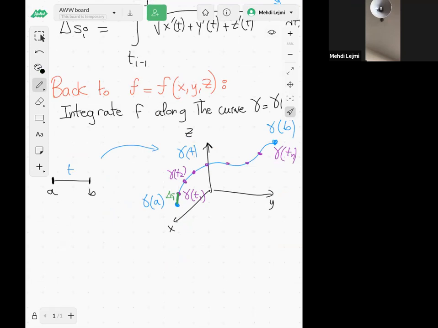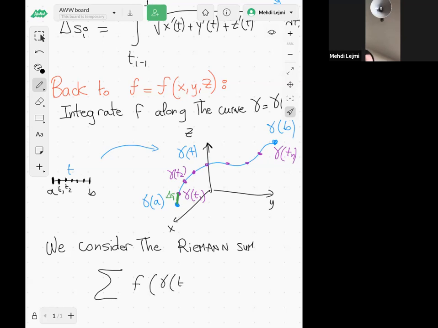So now we consider the Riemann sum. Again, I divided my interval from a to b into n subintervals: this is t1, this is t2, etc. So the sum of f of gamma of t i times the arc length of the portion between gamma of t i minus 1 and gamma of t i, so delta s i, with i going from 1 to n.